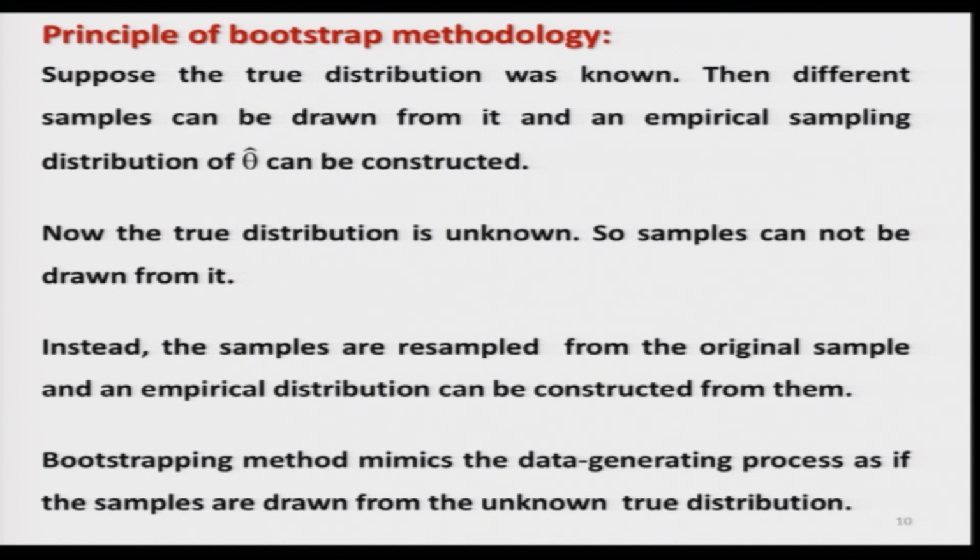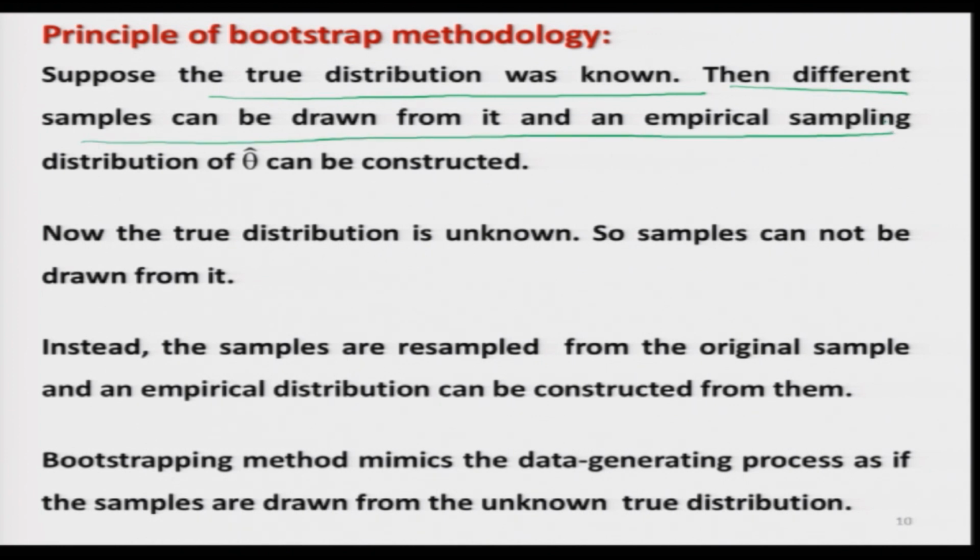For example, suppose you assume for a while that the true distribution is known to us. Then you draw different samples from this population, estimate the parameters, and based on those parameter values create an empirical distribution of theta hat. Now, the condition is that the true distribution is not known to us, so samples cannot be drawn from there.